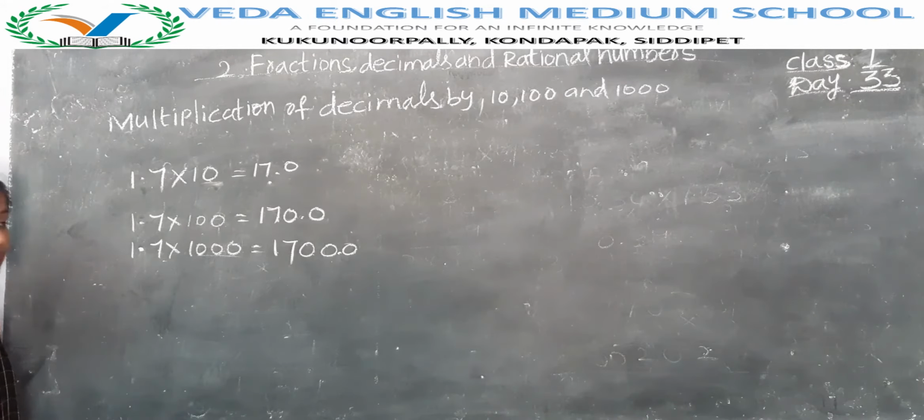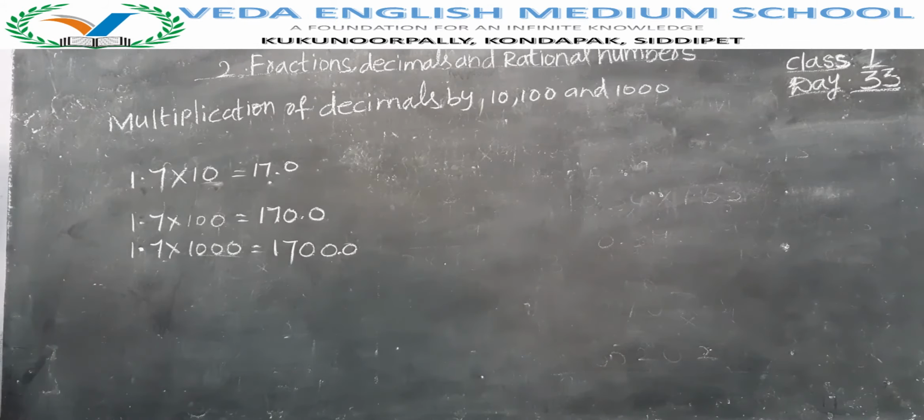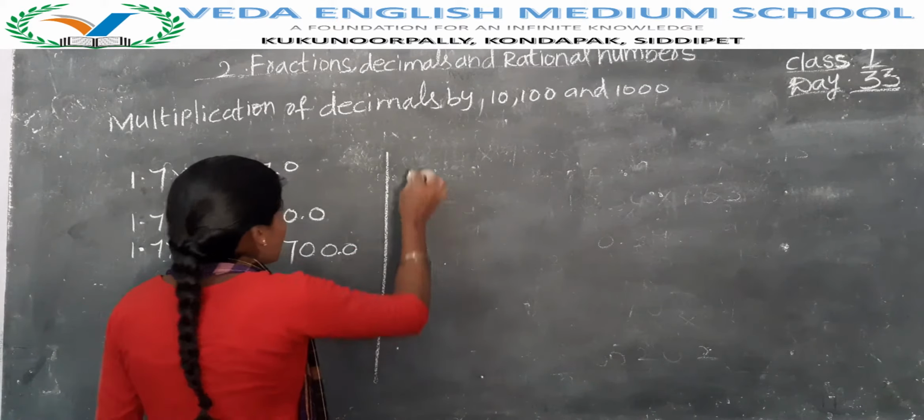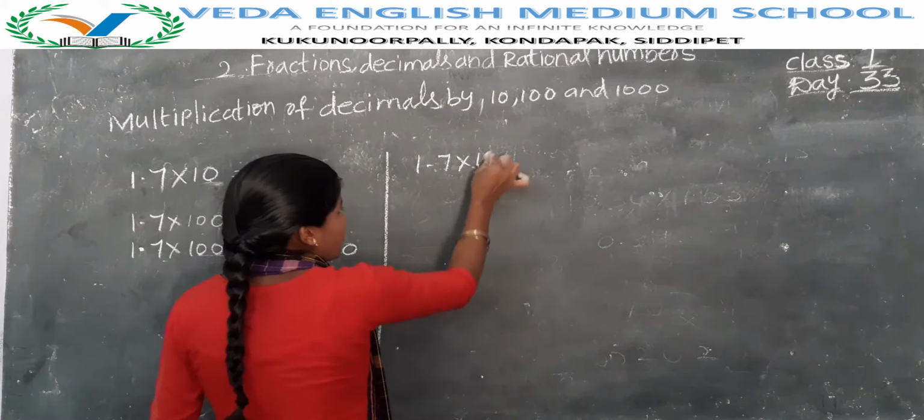In the multiplication, the decimal point moves to the right side. If you don't want it like this, there is another method, that is 1.7 into 10.